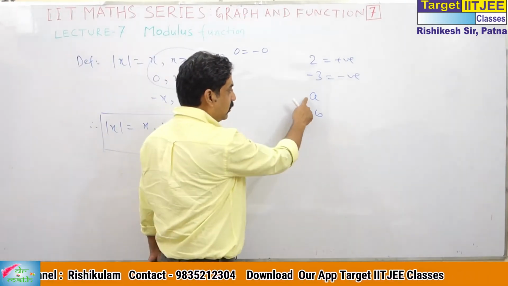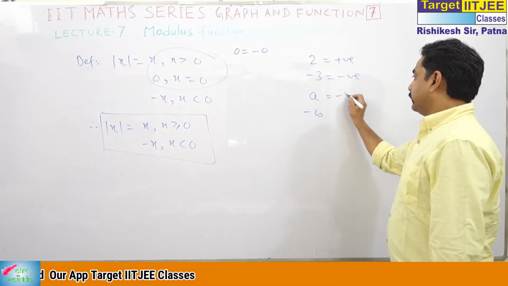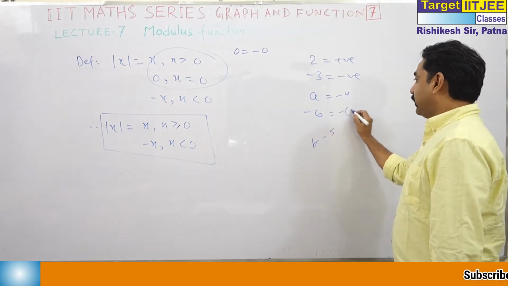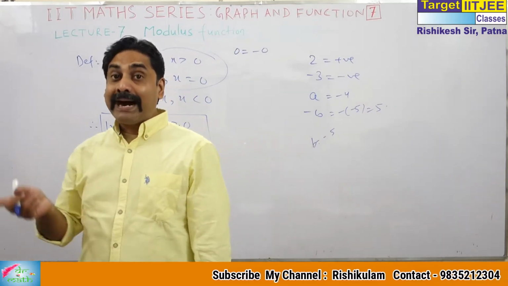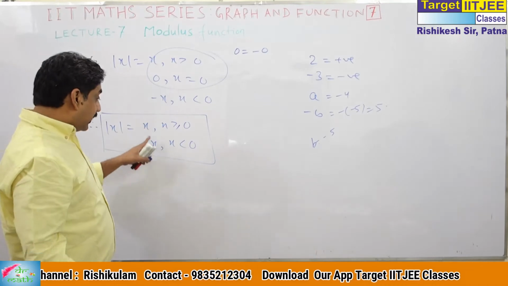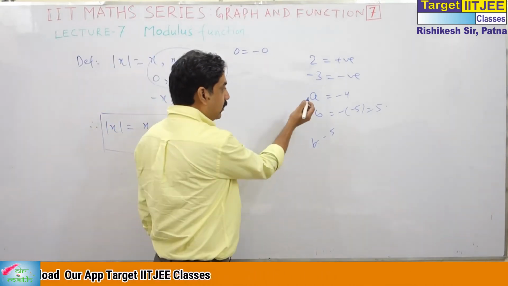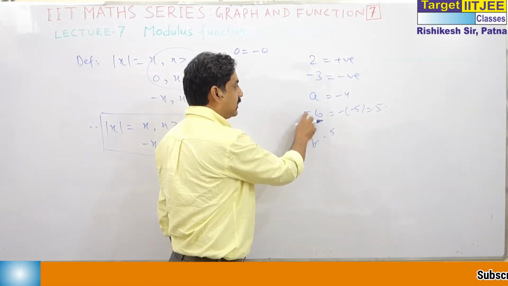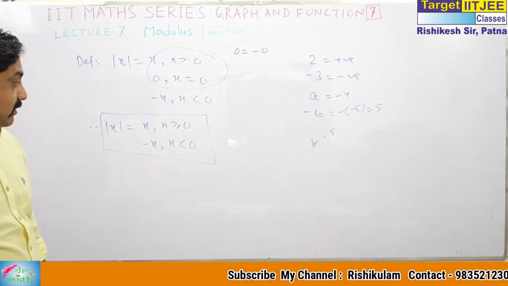If you take a is equal to minus 4, this is negative. If you take b is equal to minus 5, what is minus b? This is actually positive. So this is the first point you have to mark in the modulus, that while going for literal quantities, meaning arbitrary constants or variables, it doesn't matter what the sign is here. This is not negative; b is negative, and here is a positive sign. This is the important point that I have discussed in the bridge course.